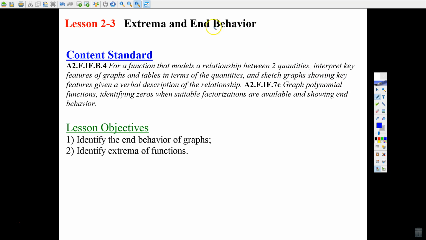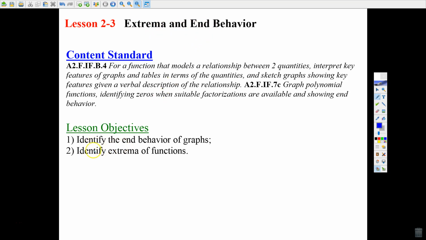And then end behavior, for a graph, on the extreme right side, where is the graph going? Is it going up or down forever? And on the left side, same thing. So just a quick snapshot of what we mean by these two topics.